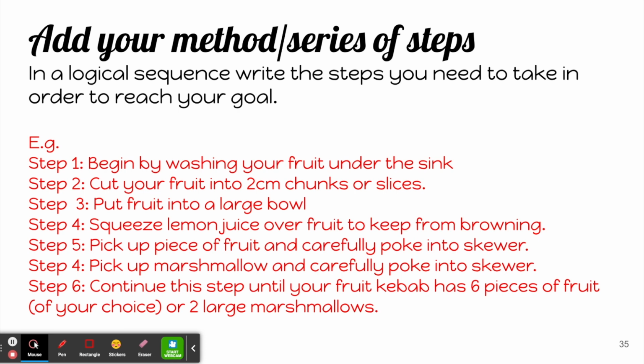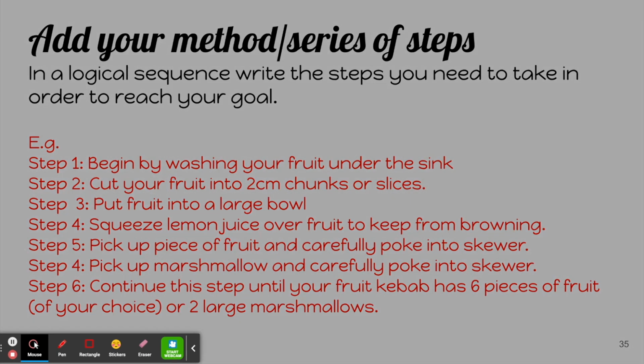Squeeze lemon juice over the fruit to keep from browning. Step 5. Pick up a piece of fruit and carefully poke it onto the skewer. Step 6. Pick up a marshmallow and carefully poke it onto the skewer. And step 7: continue this step until your fruit kebab has 6 pieces of fruit of your choice, or 2 large marshmallows.